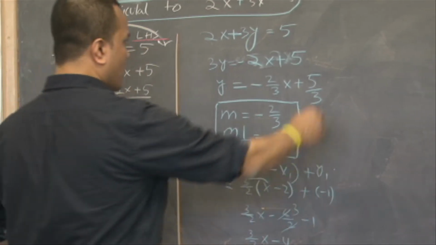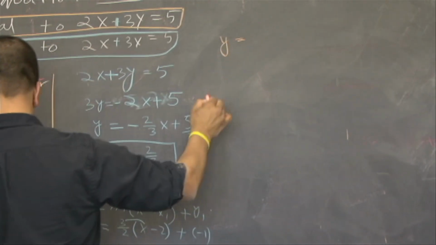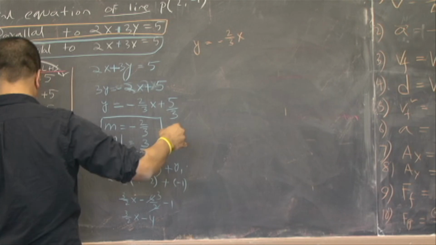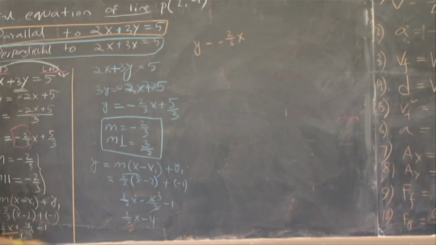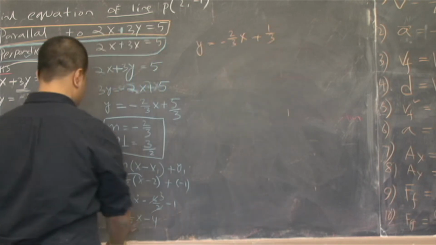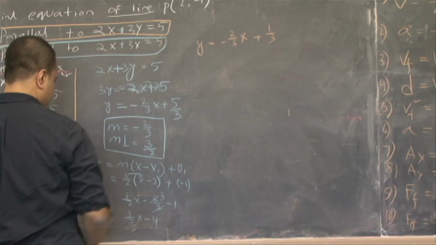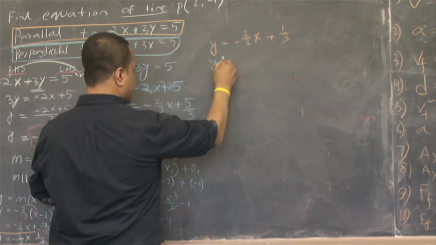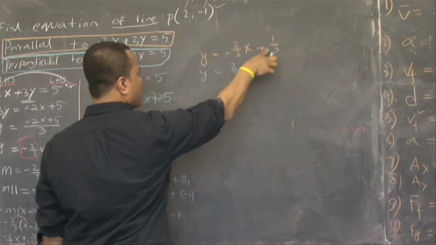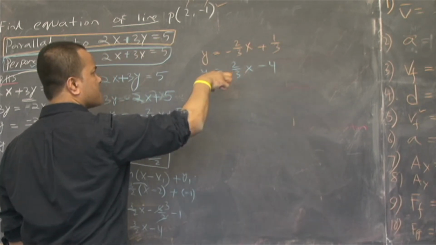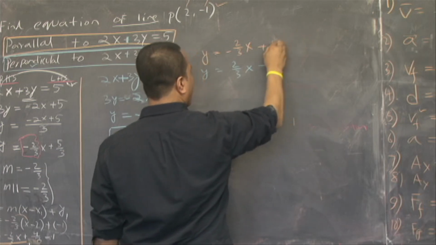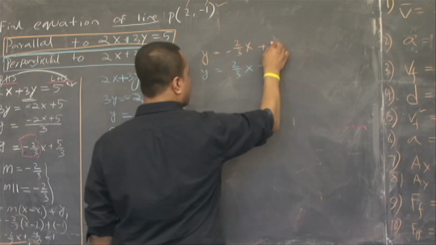Let's write y equal to minus 2 over 3x plus 1 over 3, and this one is y is 3 over 2x minus 4. 1 over 3 we can write as what? 0.33, something like that.